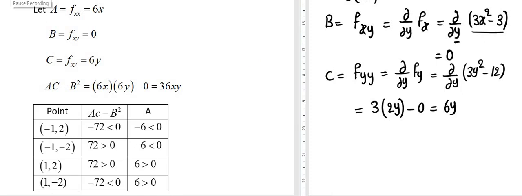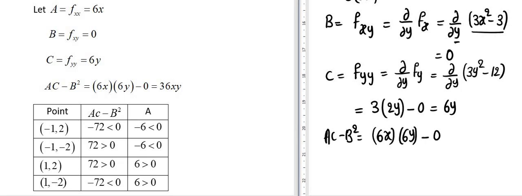Now find out AC minus B square value. A value is 6x. C value is 6y. B square is 0 square means 0 only. 6 6s are 36xy. AC minus B square value is 36 into xy.